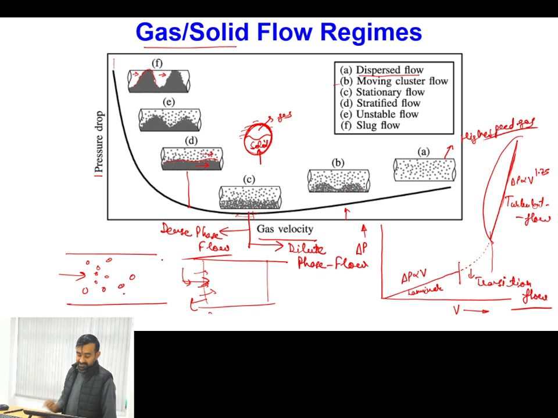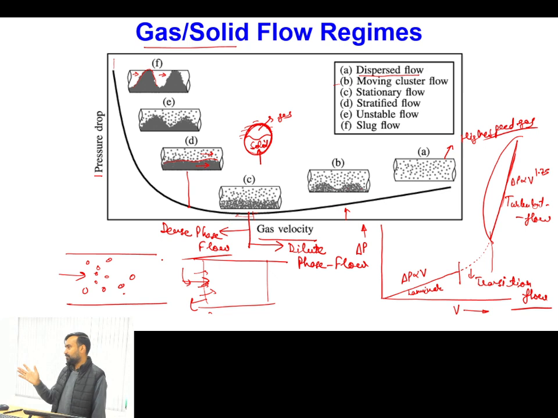But still this mode is preferred in industry, particularly for transporting fine powders, because if you use a belt conveyor for transporting fly ash or cement or other fine particles, you will find that these may lead to a significant amount of environmental pollution.